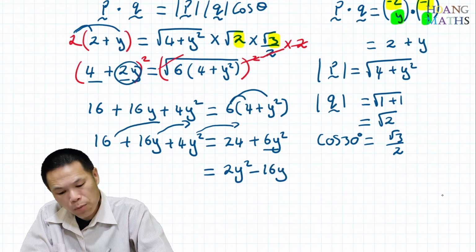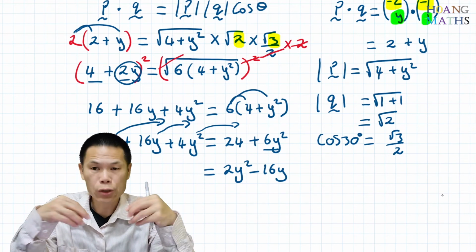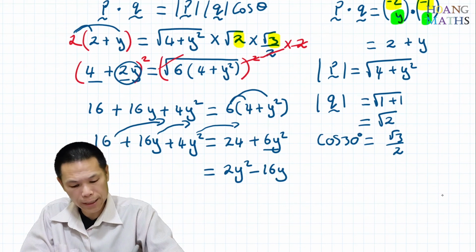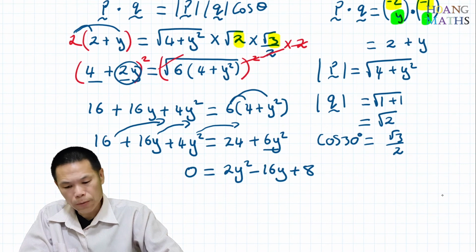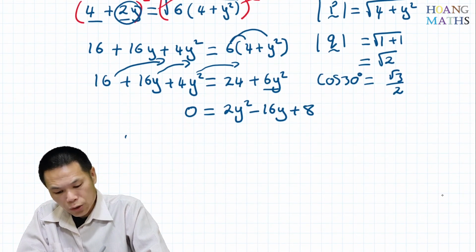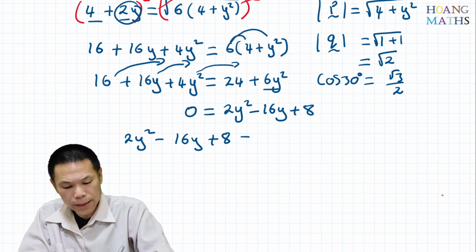And then 16 move on that side, so become 24 minus 16. So 24 minus 16 is 8. So plus 8. So that becomes 0. So this is exactly the same as 2y squared minus 16y plus 8 is equal to 0.